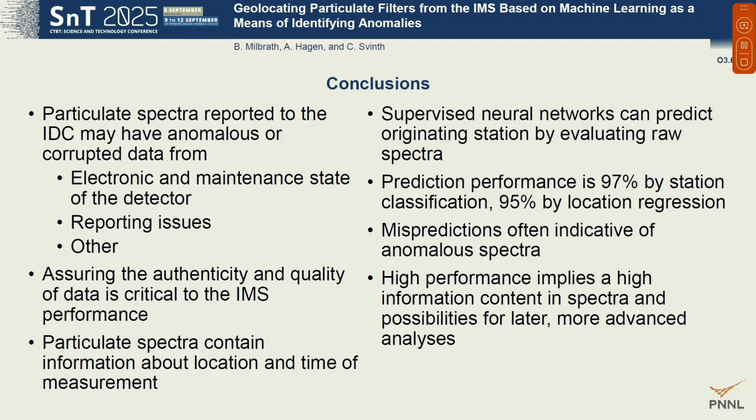And those mispredictions were often indicative of some interesting anomalies. So I think the spectra are ripe for further work in machine learning and ultimately operationalizing the technique to help in automatic analysis. Thank you.